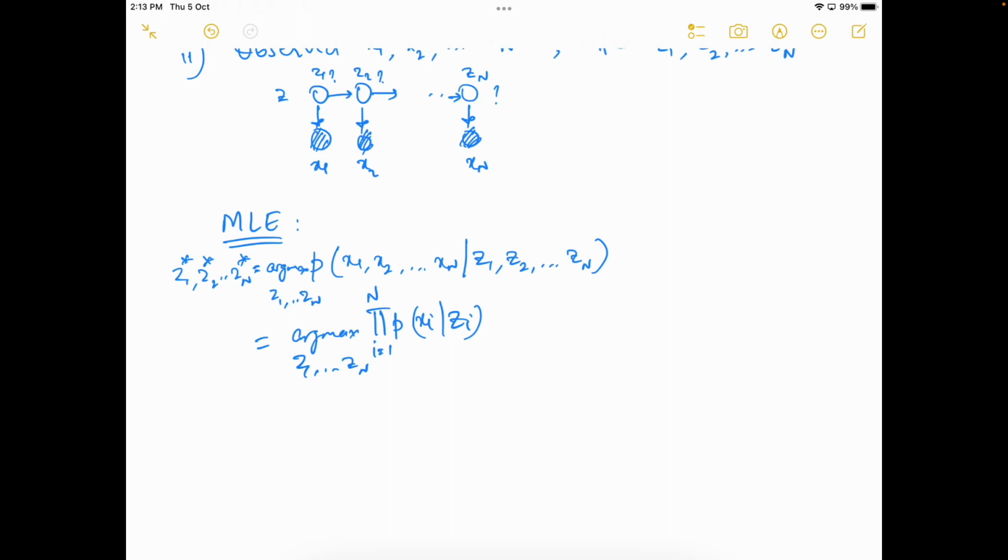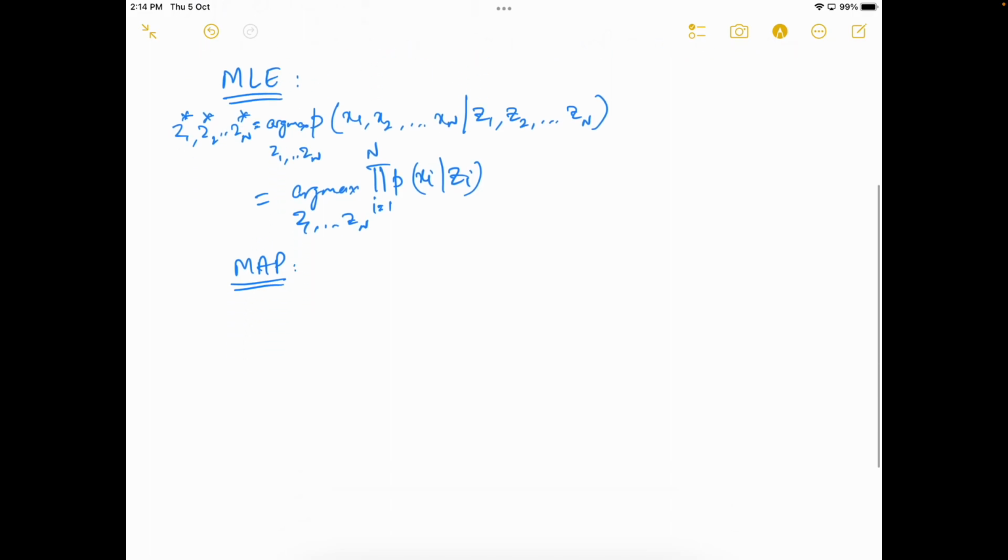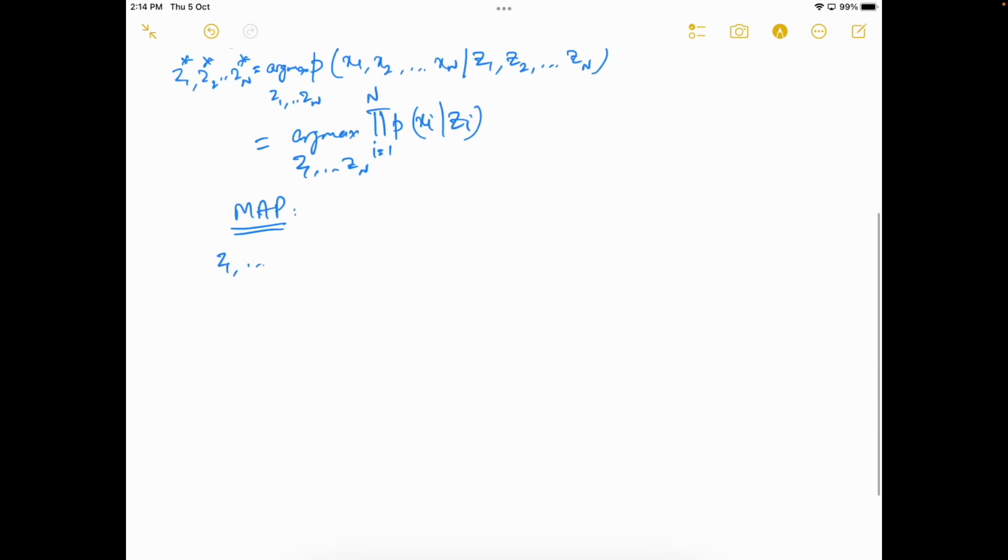We rather use the MAP estimate, maximum a posteriori estimate. What is that? Yes? What is that? P of what we want to find, given x. Yes, very good. So that means P of z1, z2, up to zn given x1 to xn.